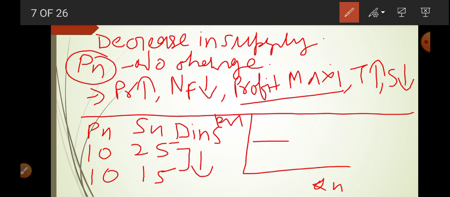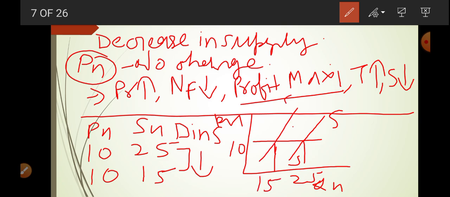Price is 10, supply is 25, so we are on S1. Now supply is 15, so we have moved on S1. So this change from point A to point B indicates decrease in supply.